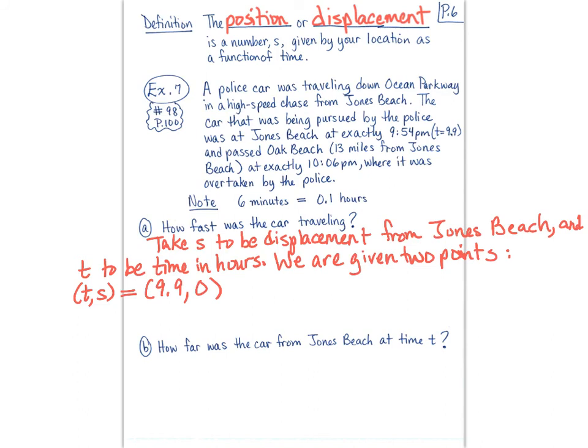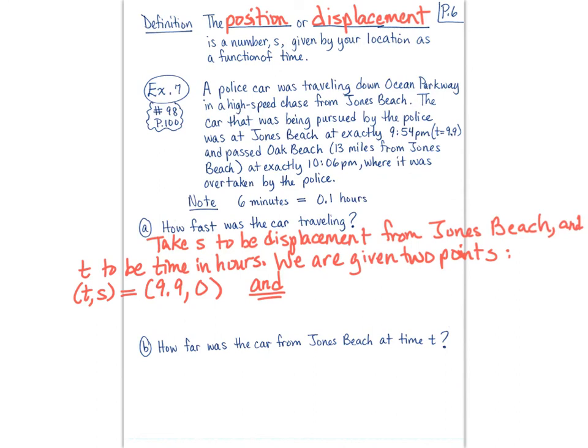Because it says at exactly 9:54 p.m., the car that was being pursued by the police was at Jones Beach. So whenever it's 9.9, we get 0. S, remember, is the displacement from Jones Beach.